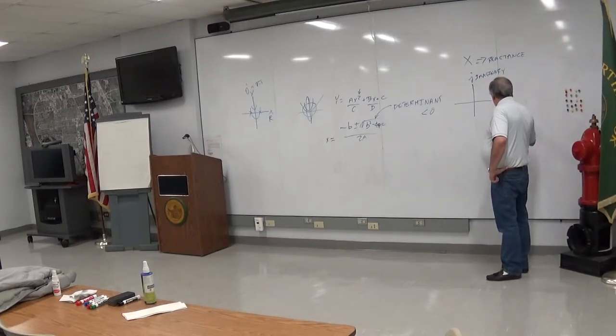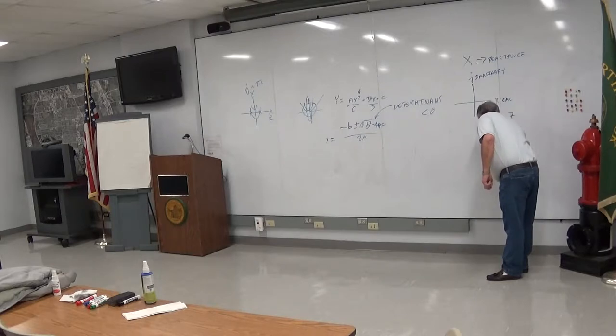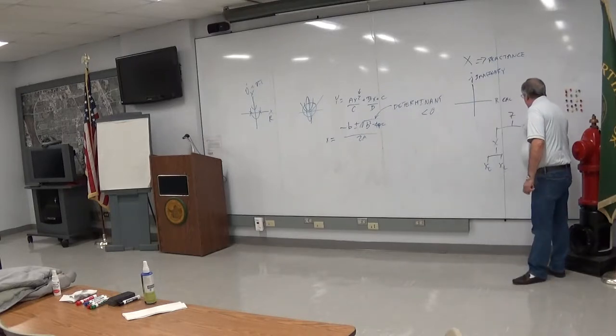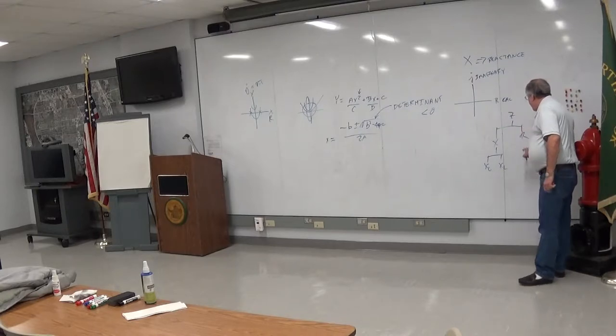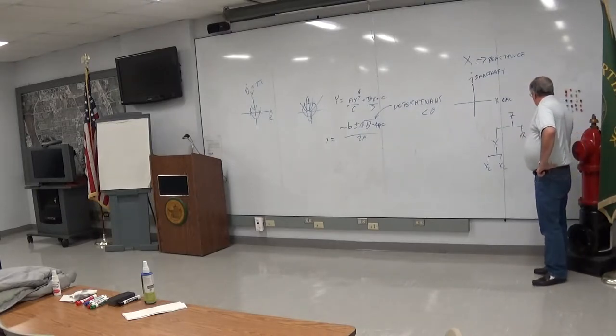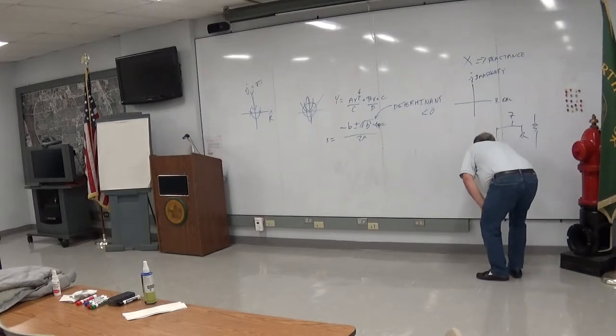And I had a diagram where I said impedance in general Z as X, which has two forms, X sub C, X sub L, and over here on this side you have R. There's your resistance, there's your capacitance, there's your inductance.